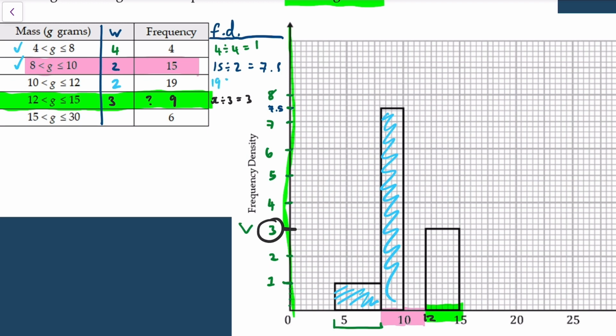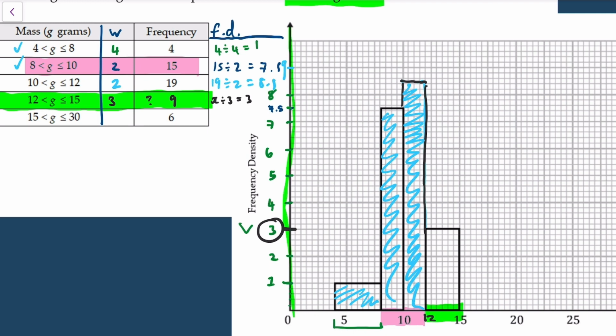And 19 divided by 2 is 8.5. So 10 to 12 is going to go up to right in between. Because remember, that's going to be 9. So it's in between there, 10. And as I always say, try and use a ruler just to be extra accurate and precise when you sketch that in your exam. There we go.